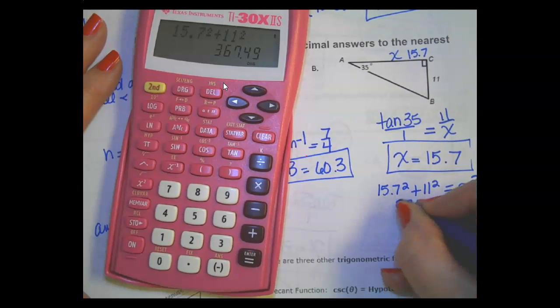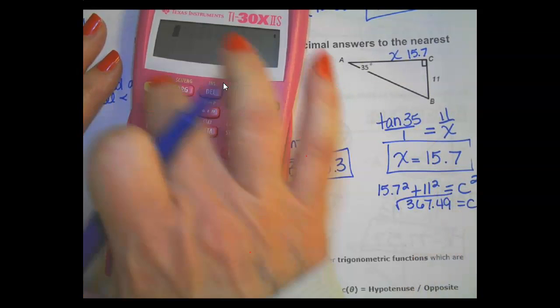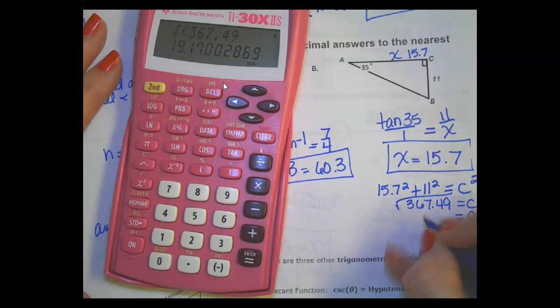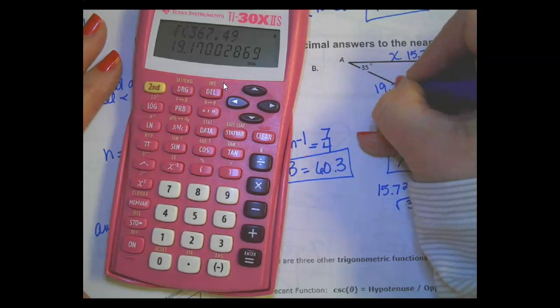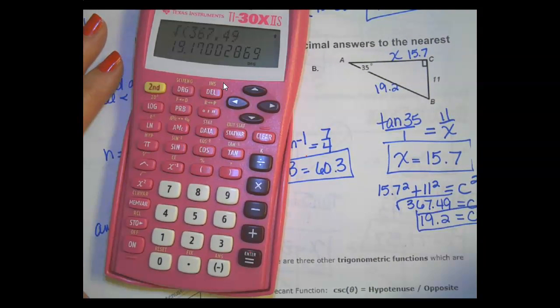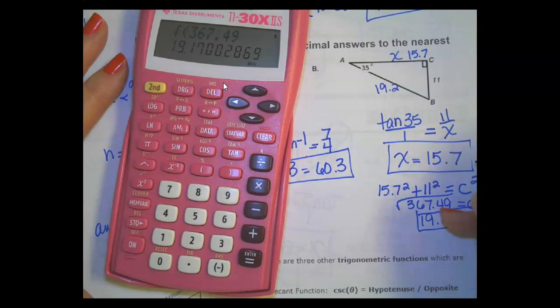Then take the square root of that. All kinds of math here. That's our hypotenuse, 19.2. Okay, really I should say that's A, B, right? And this is A, C. All right.